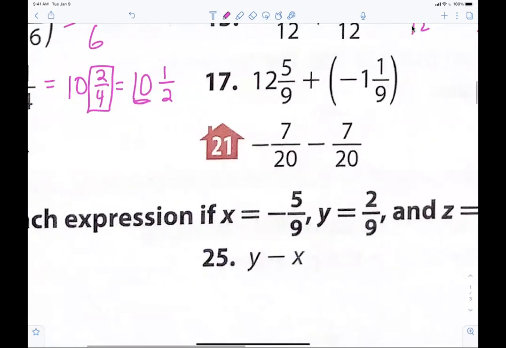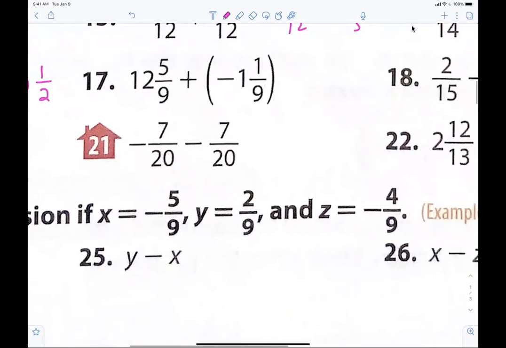All right, Wilson, go. Okay, so it goes to 11 3/9. What are you doing? The first mixed number. Why are you doing mixed numbers? Oh, never mind. 11 4/9.